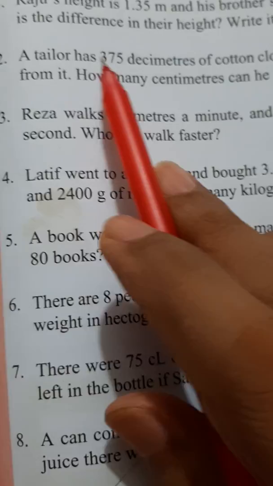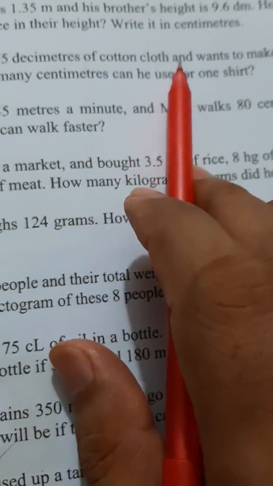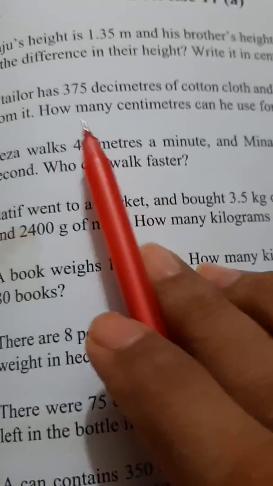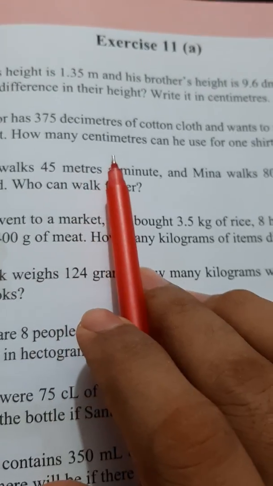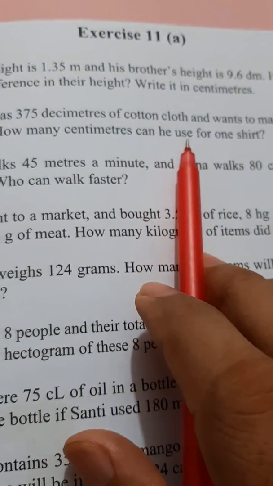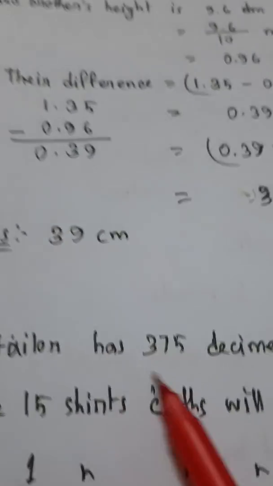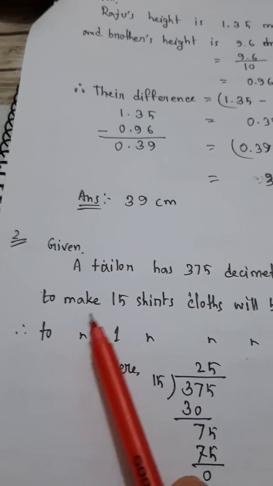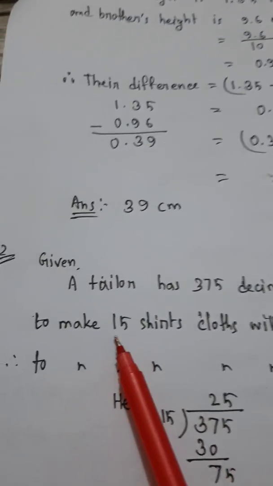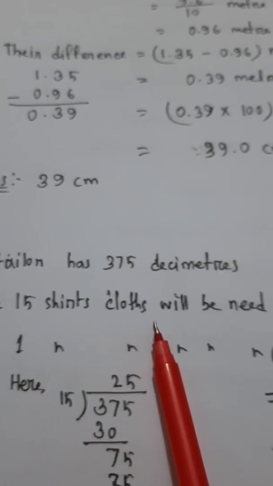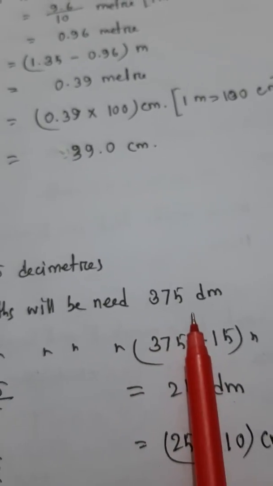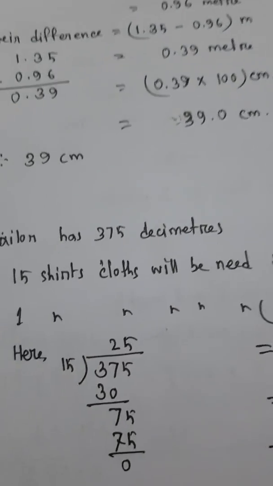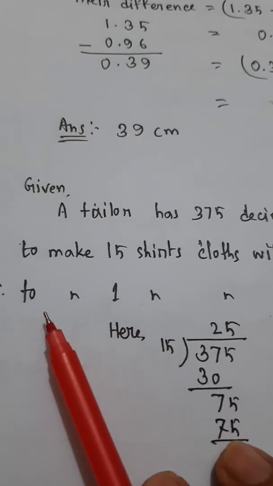Number 2. A tailor has 375 centimeters of cotton cloth and wants to make 15 shirts from it. How many centimeters can he use for one shirt? The tailor has 375 centimeters of cloth to make 15 shirts.